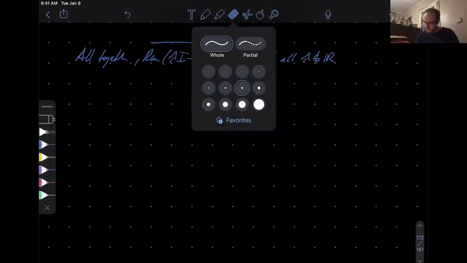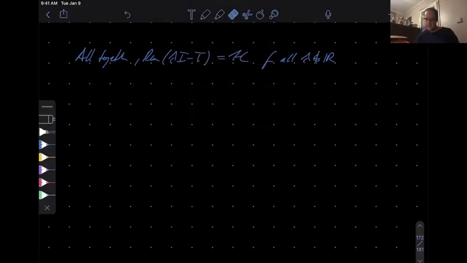That's why now you can erase that bar here on top, and then what it tells you is that the map is surjective, right? So we have now both. For non-real λ, it's both injective and surjective, so it's bijective, and now you use the inverse mapping theorem, so it's invertible for all non-real λ, and that means all non-real λ are in the resolvent, right?